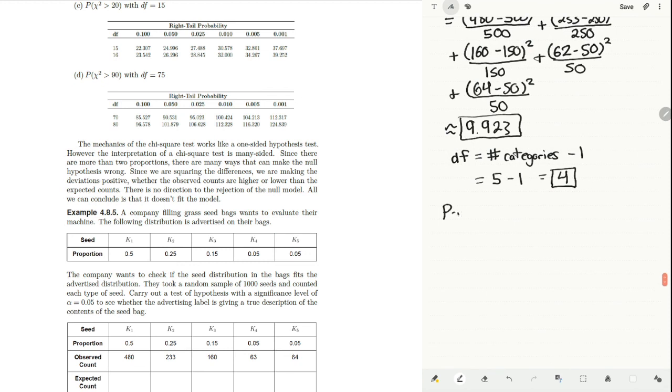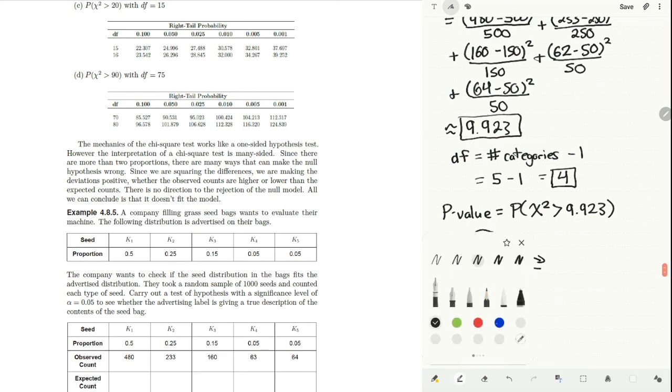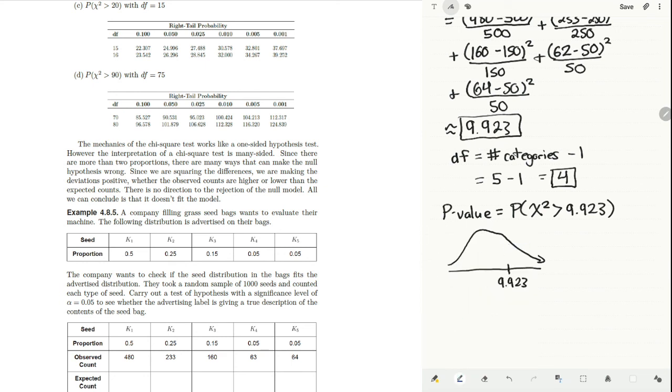The p-value is going to be the area to the right of 9.923. So we want to find an estimate for the area to the right of 9.923 with 4 degrees of freedom.